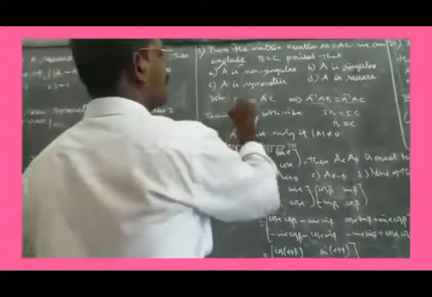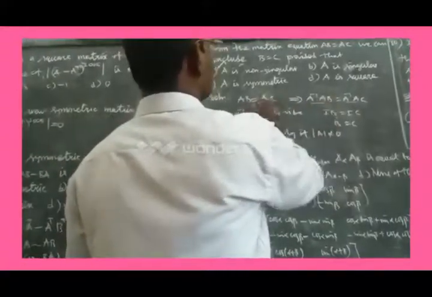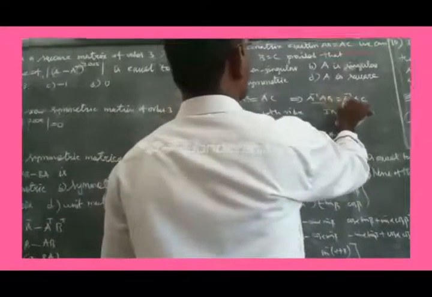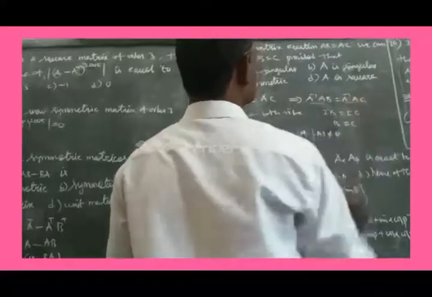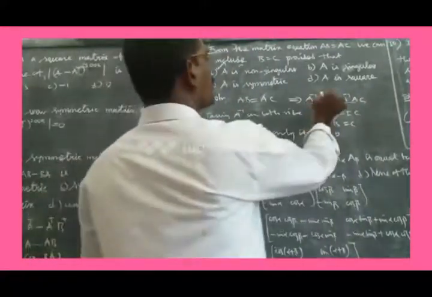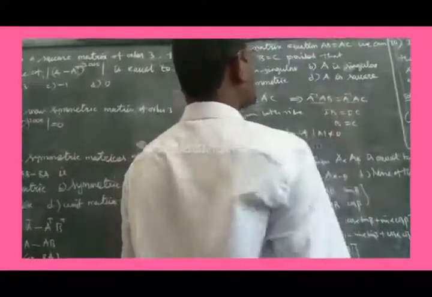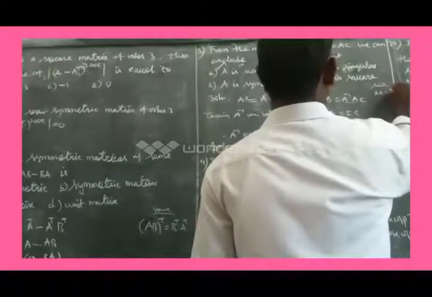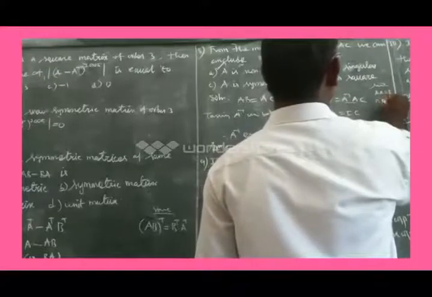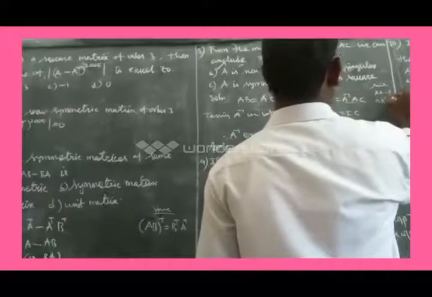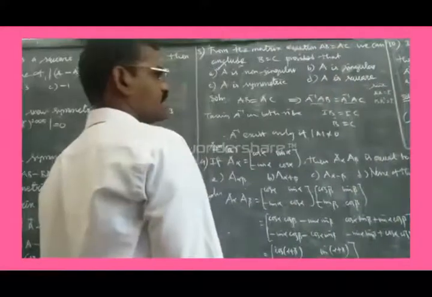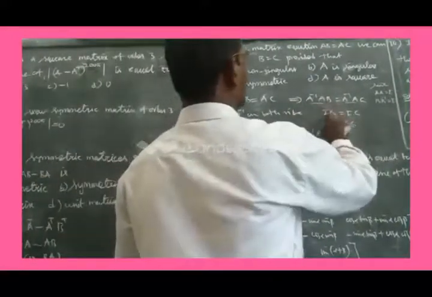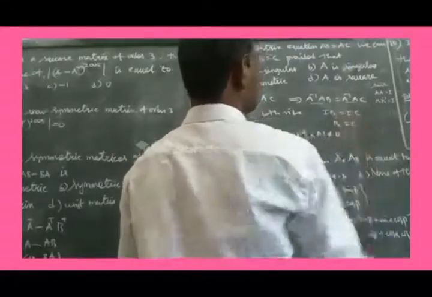So taking A inverse on both sides, A inverse A into B equal to A inverse A into C. So A inverse A equal to I, so IB equal to IC.